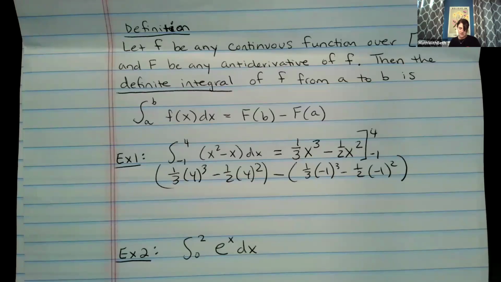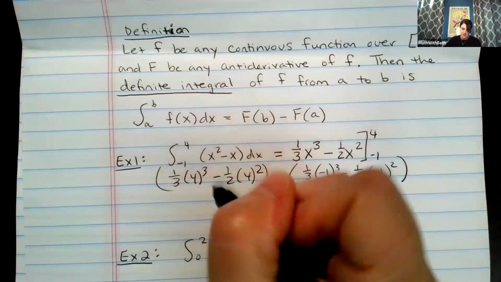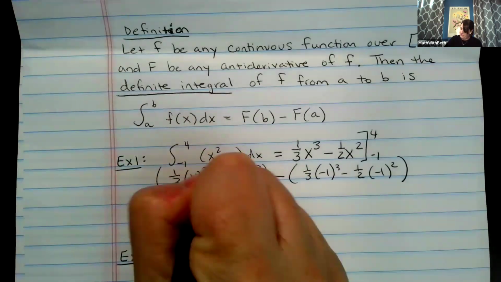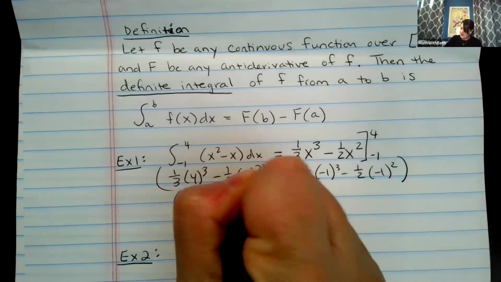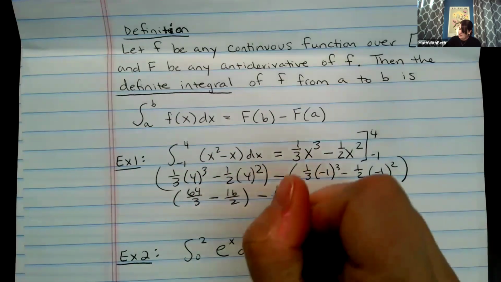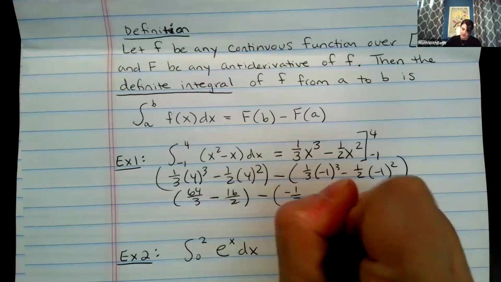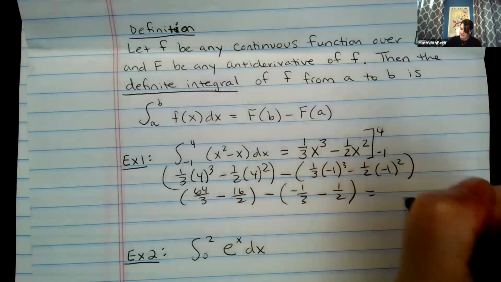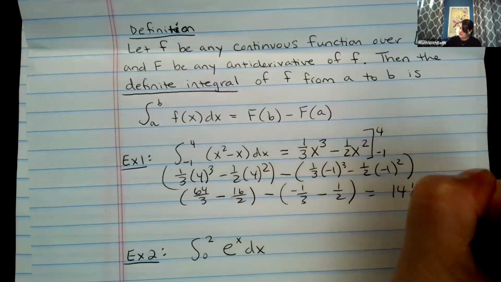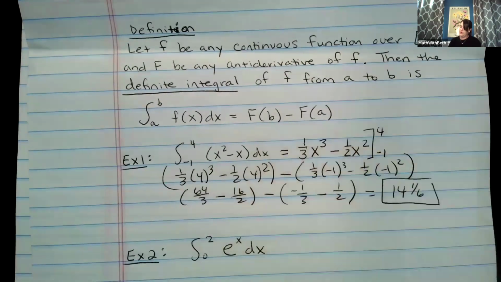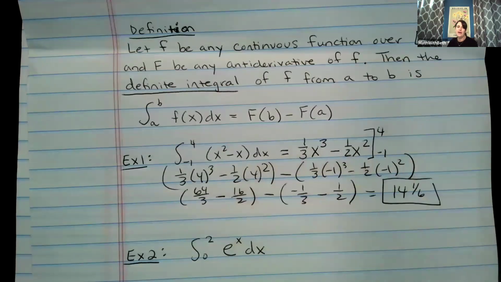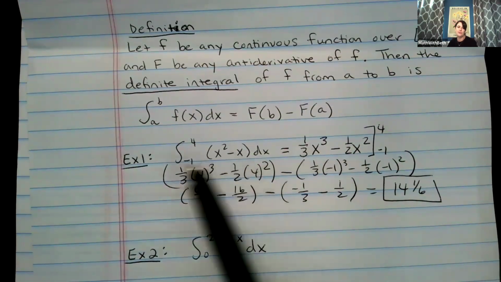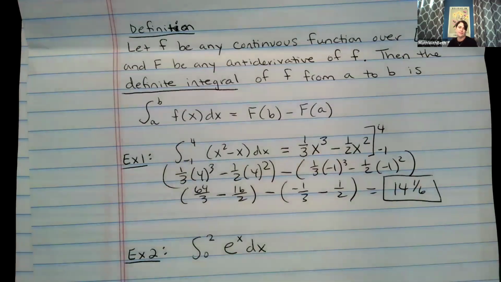So this would be 64 over 3 minus 16 halves, minus -1/3 minus a half. All of that at the end would give us 14 and 1/6, which we're going to find out means that would be the area under that curve between -1 and 4.